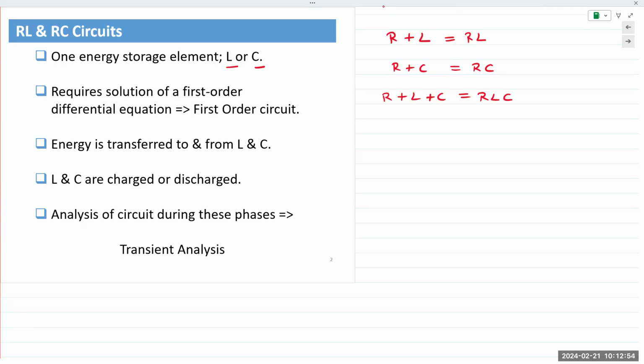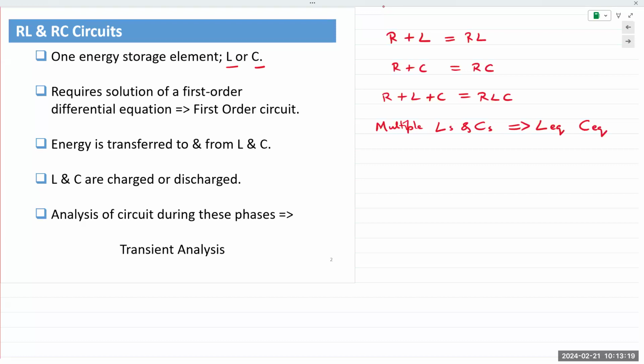Equivalent. So you could have multiple inductors and multiple capacitors. We would refer to them as one single capacitor or one single inductor, and we just use the subscript EQ, right? Total equivalent capacitor, total equivalent inductor.